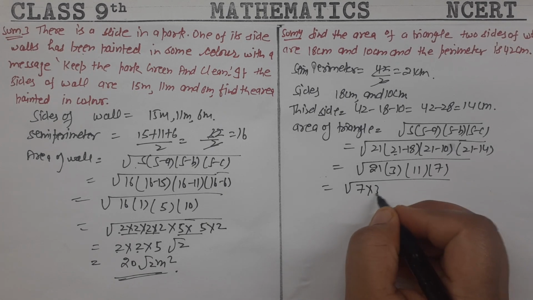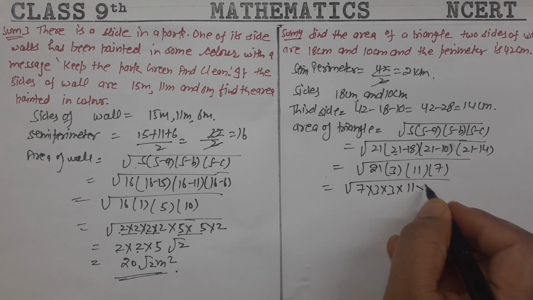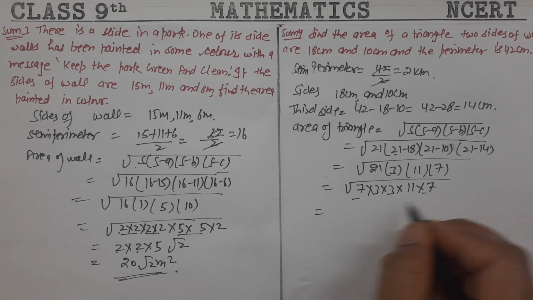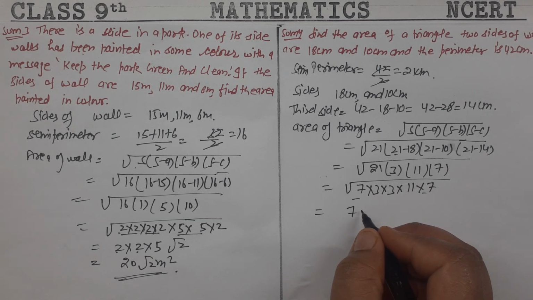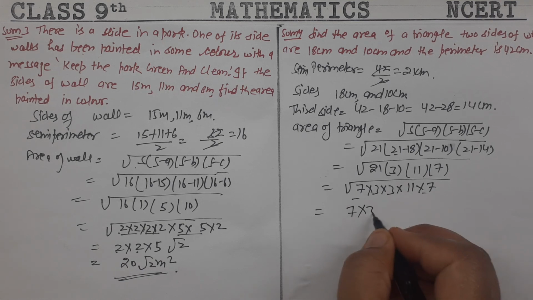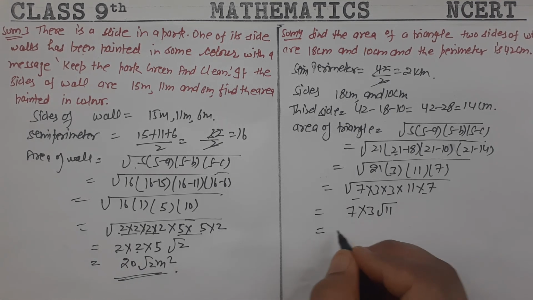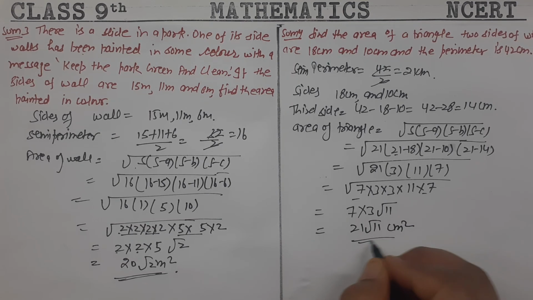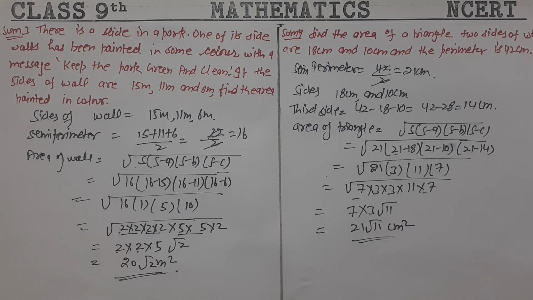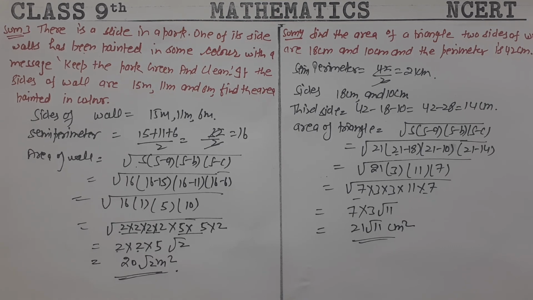Factor: 7 3s are 21, 3 same, 11 same, 7 same. 7 comes 2 times, take 1 time outside from the square root, 3 root 11, and the answer is 21 root 11 centimeter square.